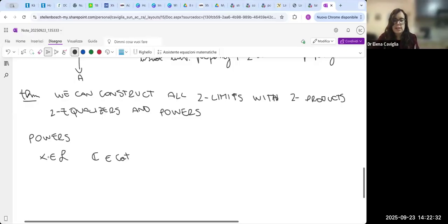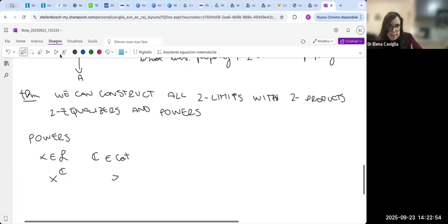But more in general, this can be done for all enriched categories, and here we take an object in the base of enrichment. And the power can be seen as powering x to the c. So this is the power.